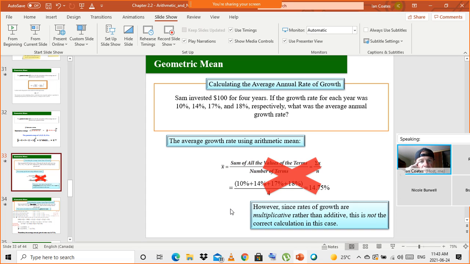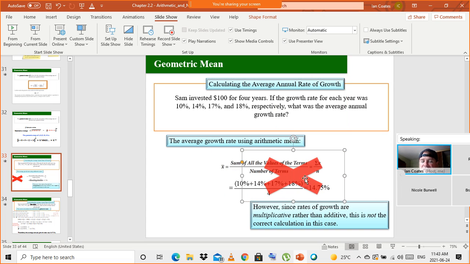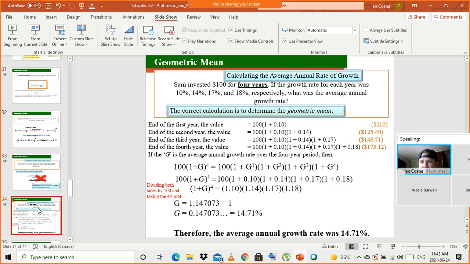You might be inclined to just add them all up and divide by 4, and we get 14.75. No, it's not. These growth rates are multiplication, and I'll show you why you can't really do it.